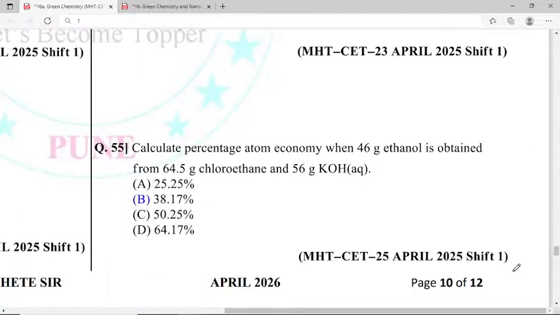Next, calculate the percent atom economy when 46 gram ethanol is obtained from 64.5 gram chloroethane and 56 gram KOH. So this is your product, and all these are reactants.